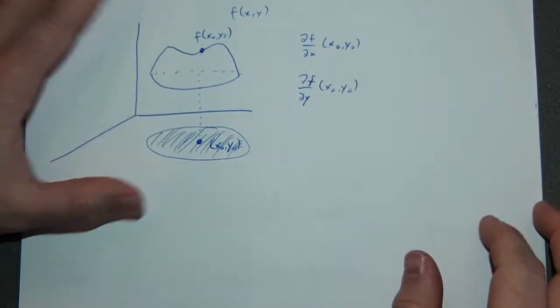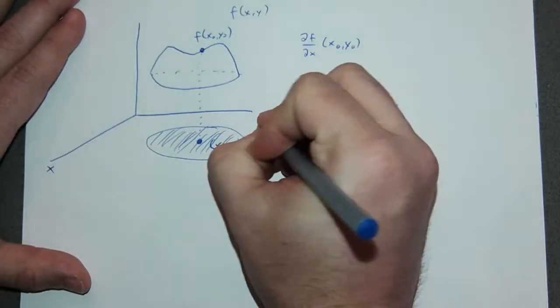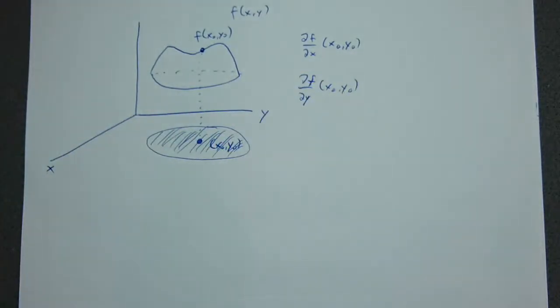Well, the idea is that in Calc 1, when we computed the normal, regular old derivative, among the many things that we were told by the value of the derivative once we computed it, it told us the rate of change at that point.